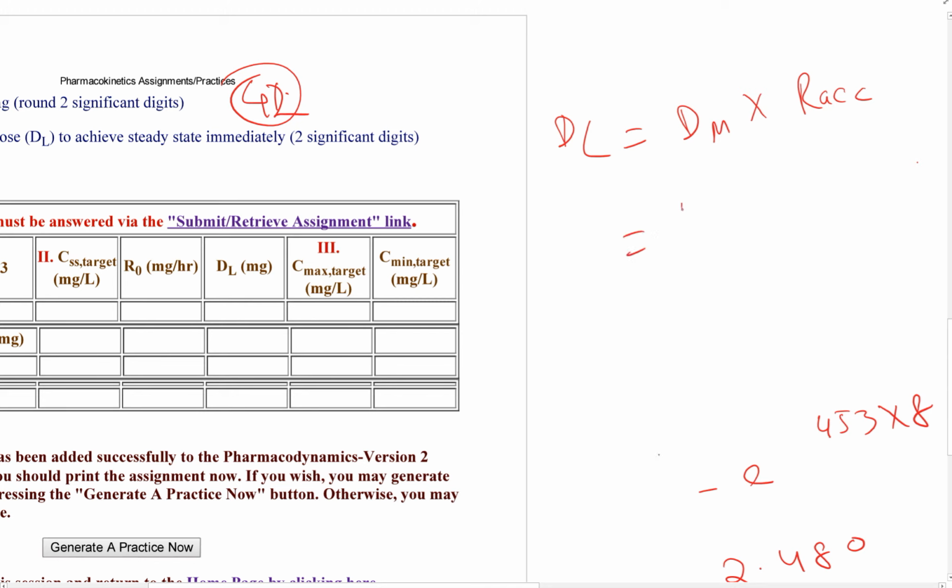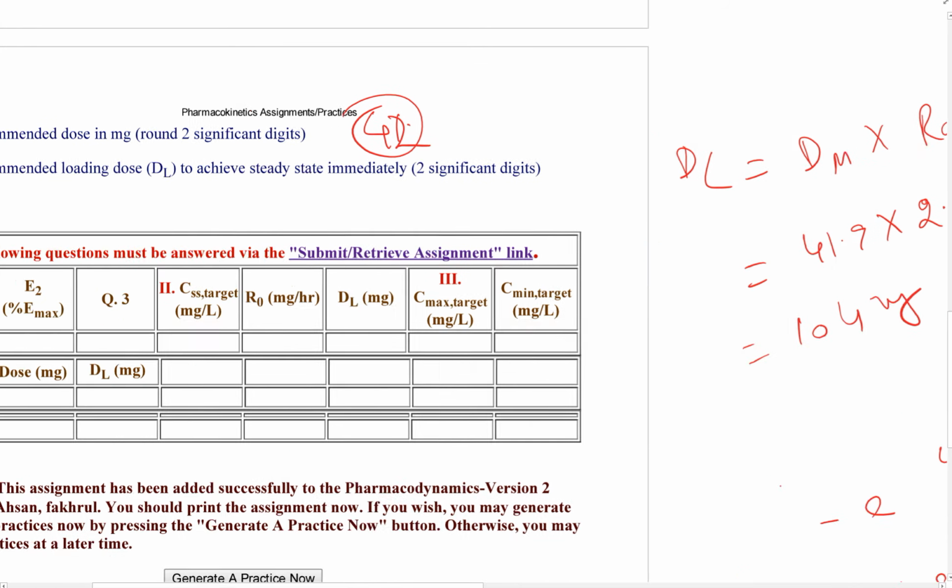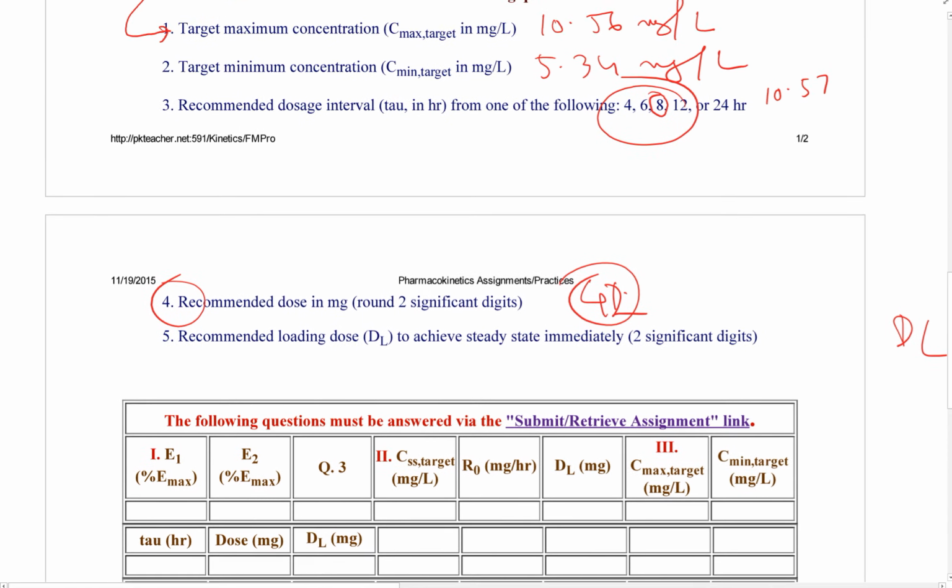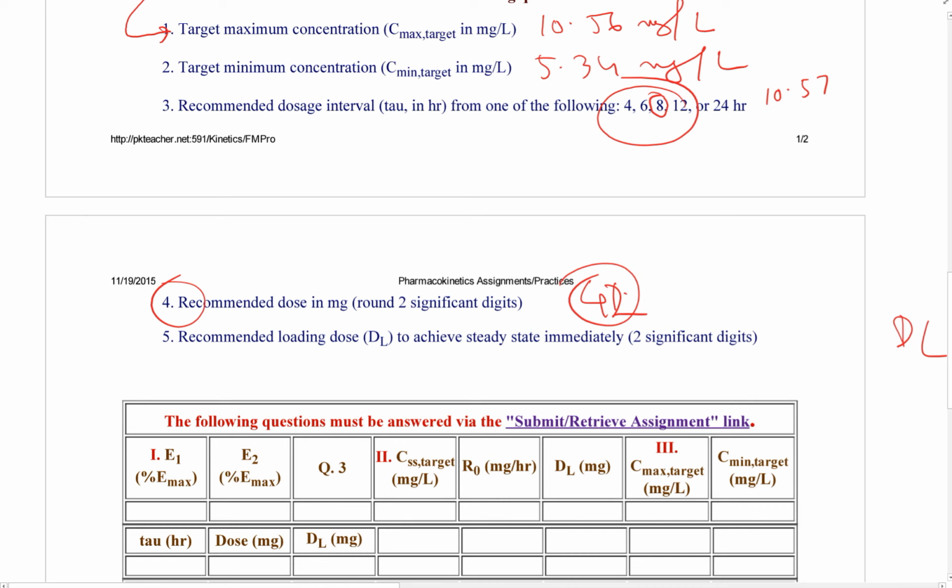Our DM is 41.9 times RSCC, 2.480, which is 104 milligram, and this is our answer. 104 milligram would be the recommended loading dose to achieve steady state immediately.